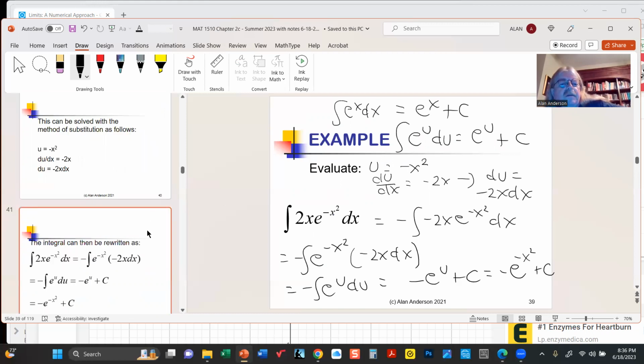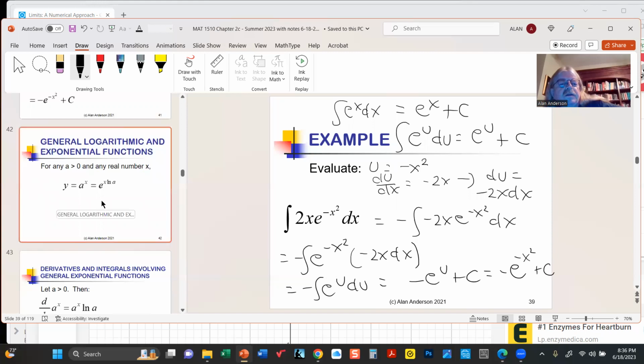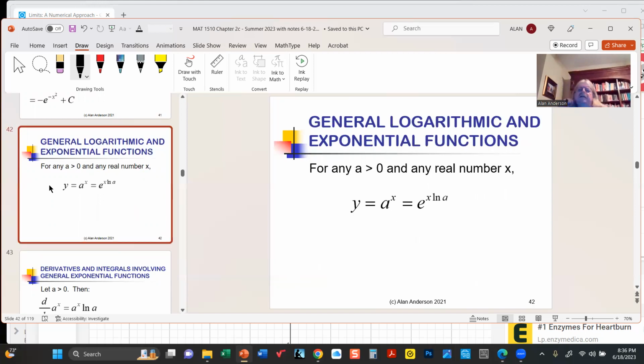So now what about, there are some really complicated cases coming up, but they're all directly related to what we're doing. What if we have something like this? Instead of e to the x, we have a to the x. a is just some real number, which is strictly positive. Well, it turns out that this can be rewritten as e to the x log a.